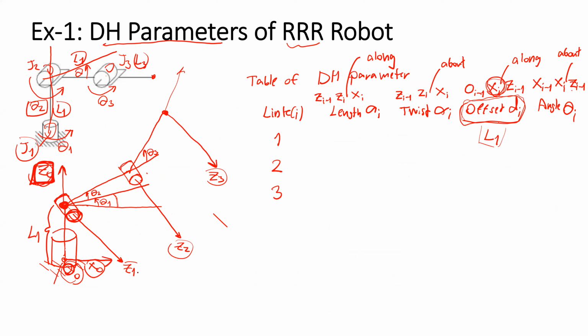How about the first frame? We have Z1, and where should the X1 direction be? The Z1 is the direction of the joint, and X1 is the mutual perpendicular.